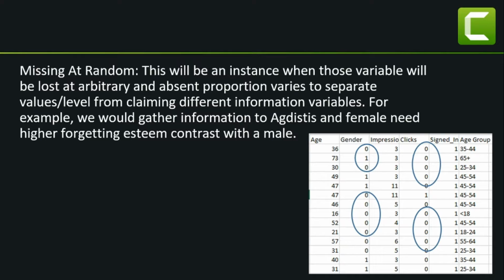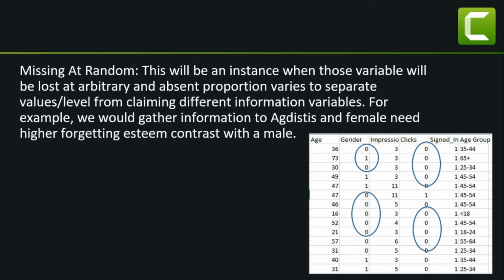Our data is missing at random. This is a case when a variable is missing at random and the missing ratio varies for different values or levels of other input variables. For example, we are collecting data for age and female has a higher missing value compared to male. That is a simple explanation, like an example.